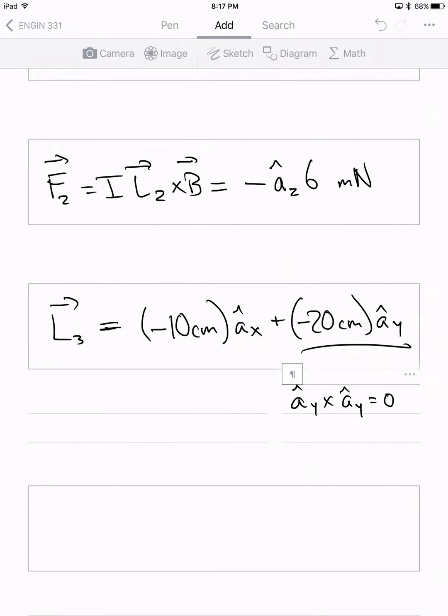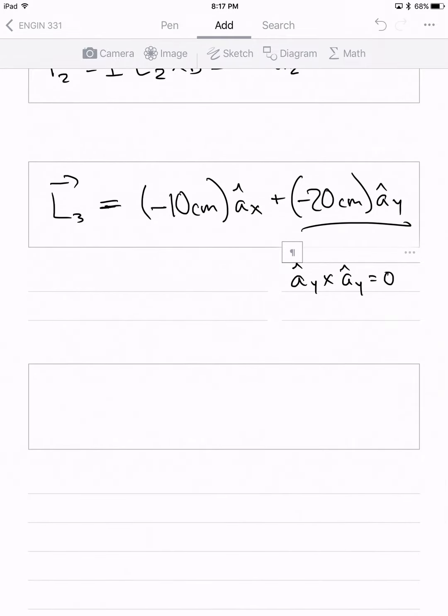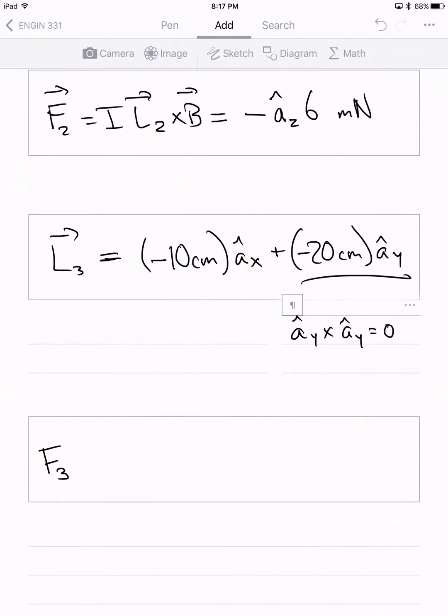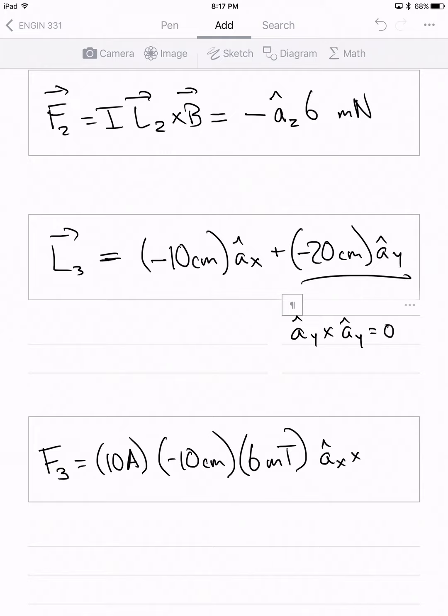So force number 3 is again going to be 10 amps times minus 10 centimeters times 6 milliteslas times a hat x cross a, whoops, wrong, a hat y.